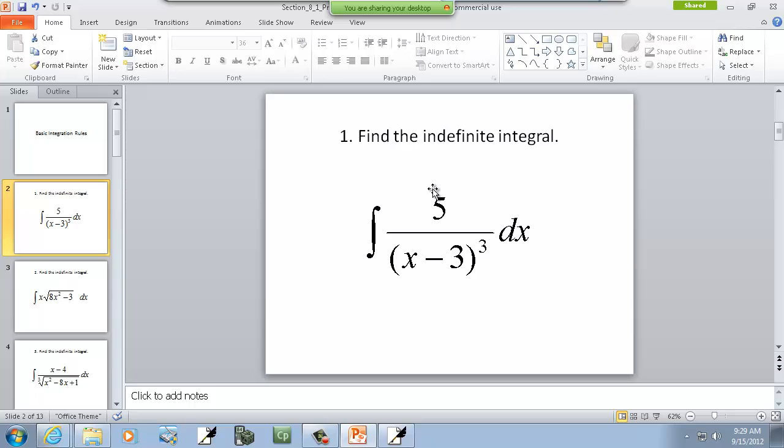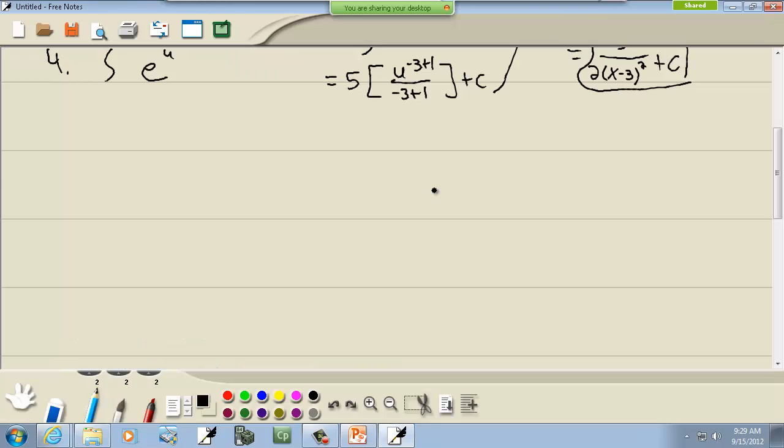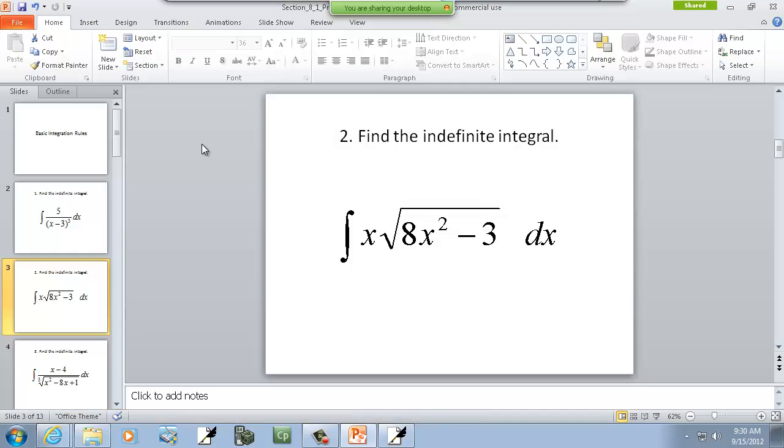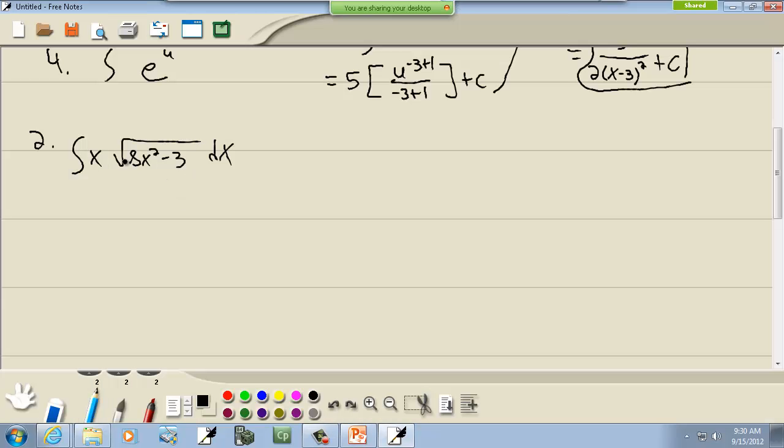Let's take a look at our next problem. We got the integral of x square root of 8x squared minus 3 dx. Okay. Whenever we have a radical, one u substitution we can try is let u equal to what's underneath the radical.